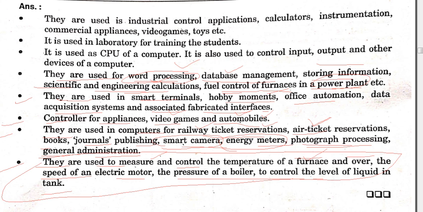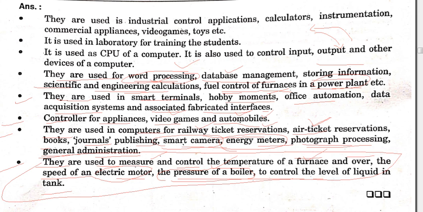Also by using this microprocessor system we can change or control the speed of motor. We can also change the rotations like clockwise rotation of motor or anti-clockwise rotation of the motors. Also in case of boiler the pressure can be controlled by using the microprocessor based system.